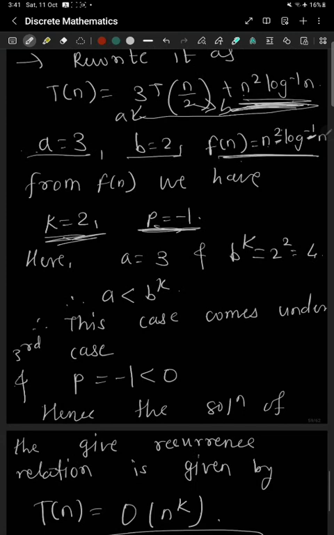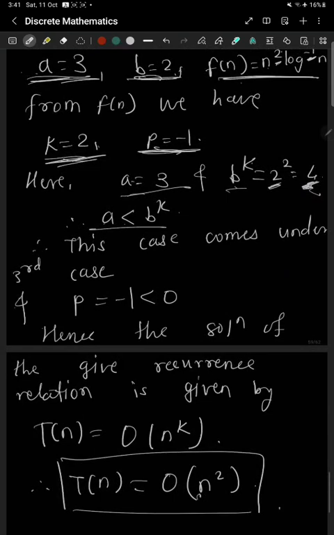We got it. Now let's check a and b raised to k. As usual, a is equal to 3 and b raised to k is 2 raised to 2, so it is 4. So a is 3 and b raised to k is 4, hence a is less than b raised to k, so it comes under the third case. Now in the third case we have different sub-cases.